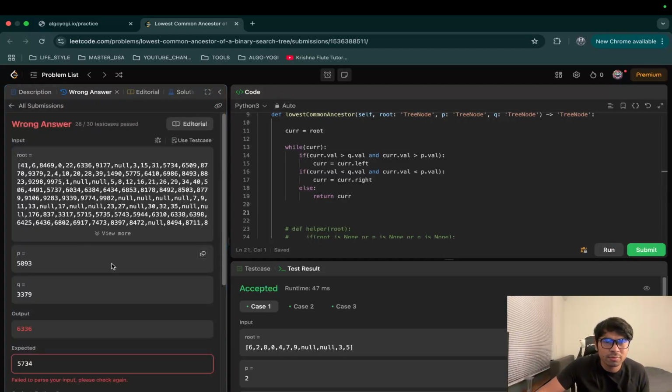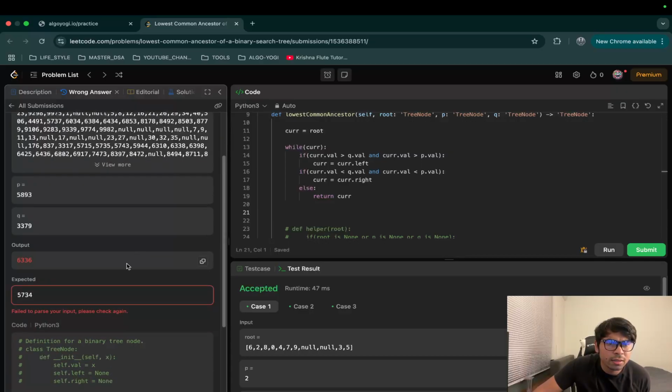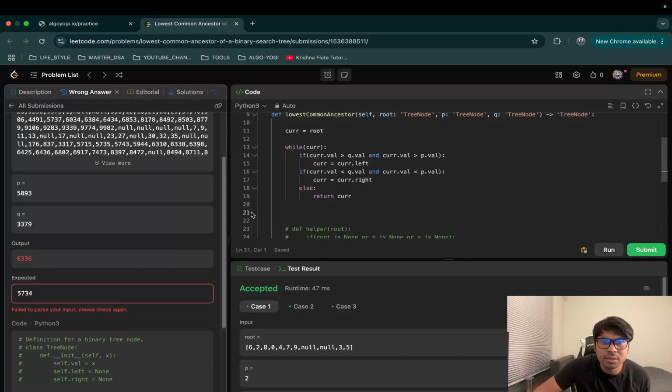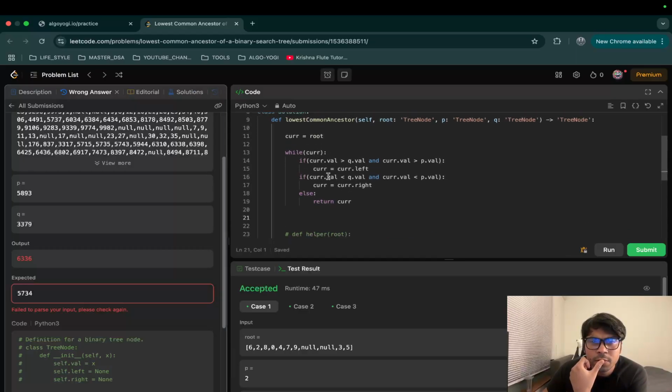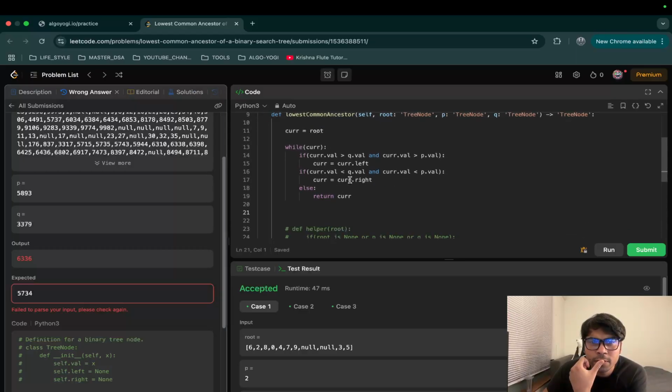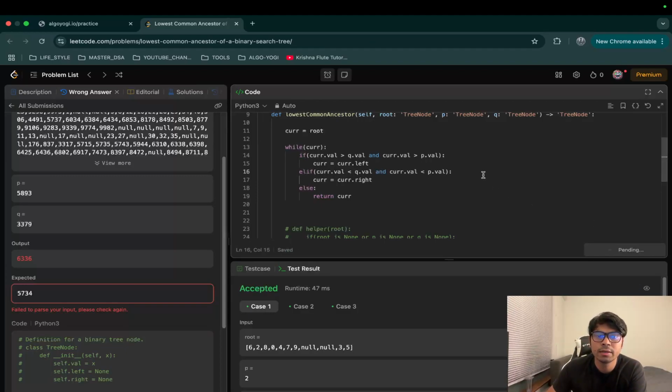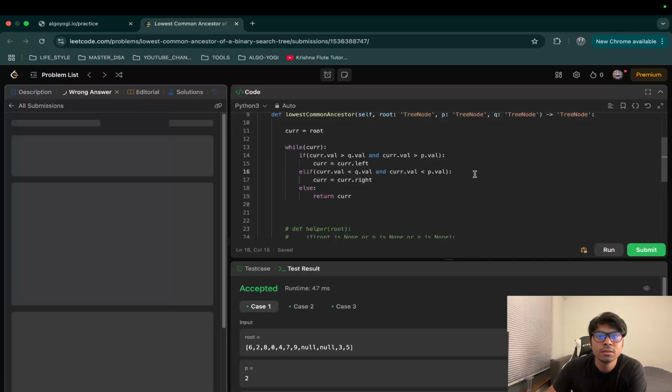Okay, I think we have some problem here, and that would be failing this, expected this, and I think the problem could be q dot val, p dot val. Is it processing both times, and I didn't have elif? Yes.